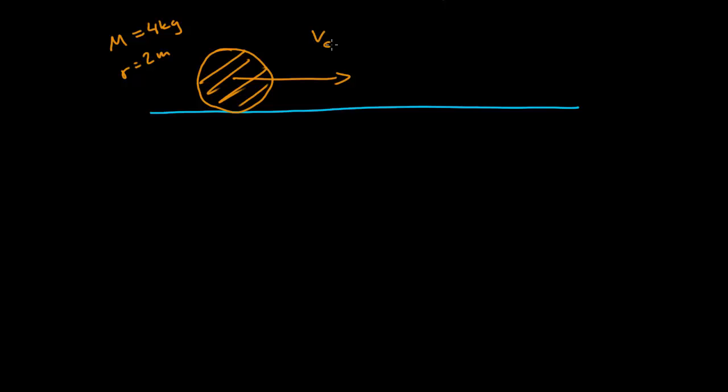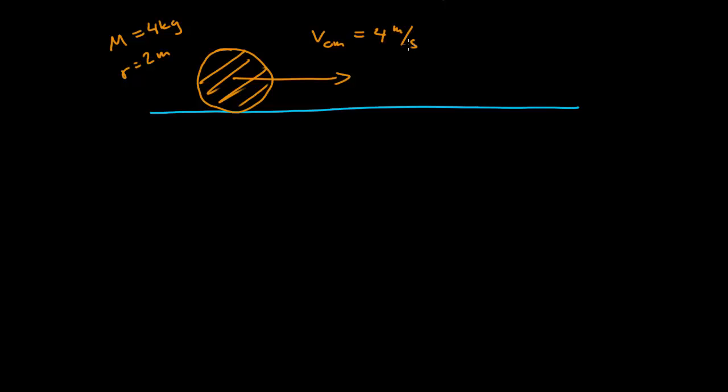We're going to take that same disk and we're going to roll it along the ground so it's rolling without slipping. Okay, and so we're going to take our same mass we had before. Mass is 4 kilograms. It has a radius of 2 meters, and it's going to be moving with a center of mass velocity of 4 meters per second.